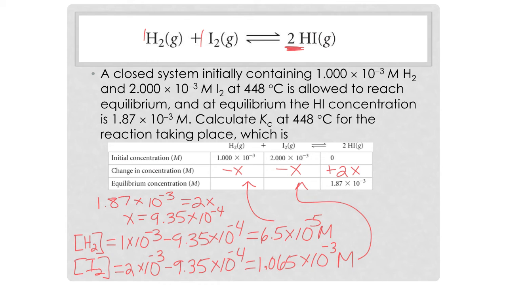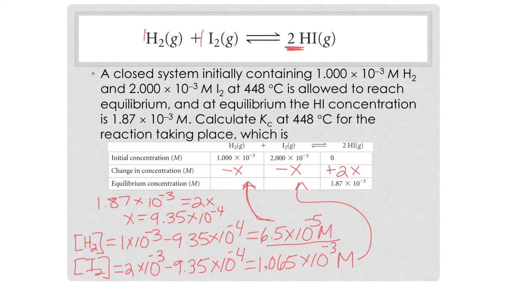All right, so once I do the subtraction in my calculator, I get the equilibrium concentration of H2 to be 6.5 times 10 to the negative fifth, and I2 to be 1.065 times 10 to the negative third. Now, normally, I would be writing this on my paper a little bit larger, and then I would have been able to do this work here in this box.